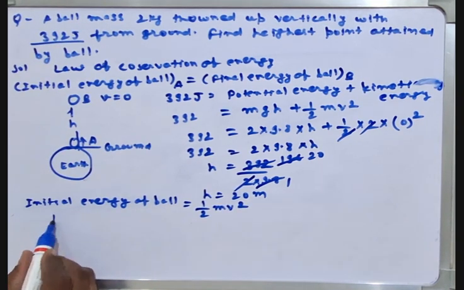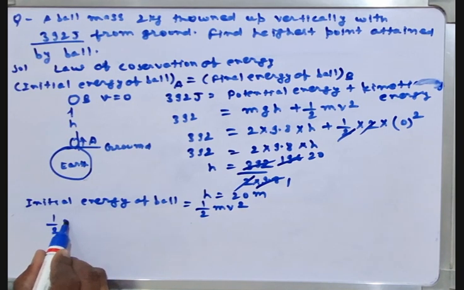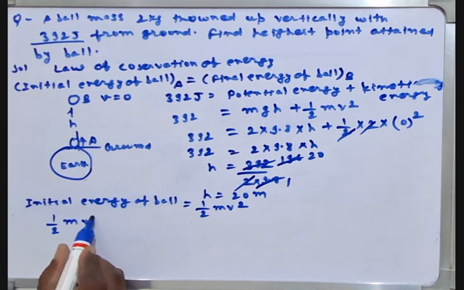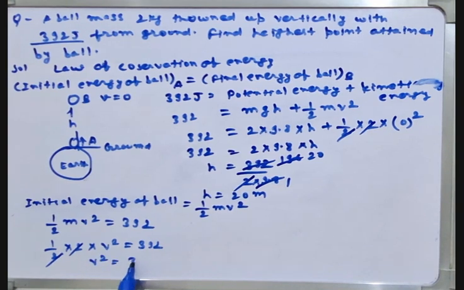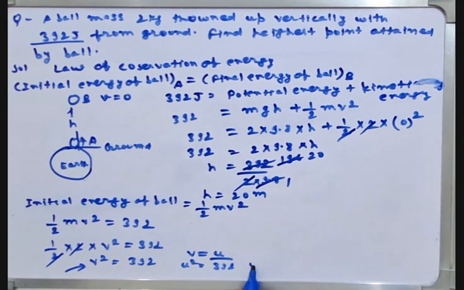So 1/2 mv square equals 392, so 1/2 into 2 into v square equals 392. The 2 cancels out, so v square is 392. If we say v is equal to u, the initial velocity, then u square equals 392, so u equals root over 392.